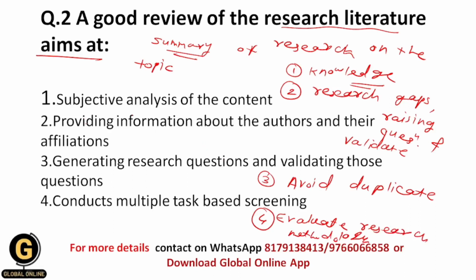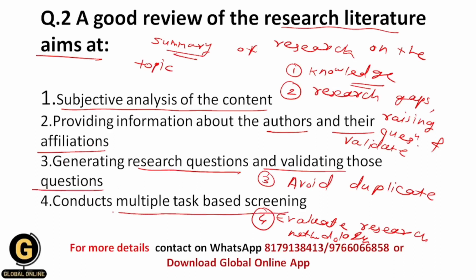So let us see the options. Subjective analysis of the content. Second is providing information about the authors and their affiliations. Third is generating research questions and validating those questions.